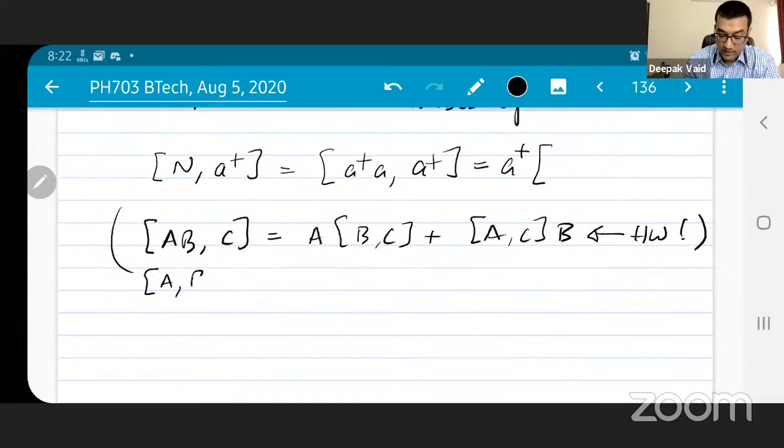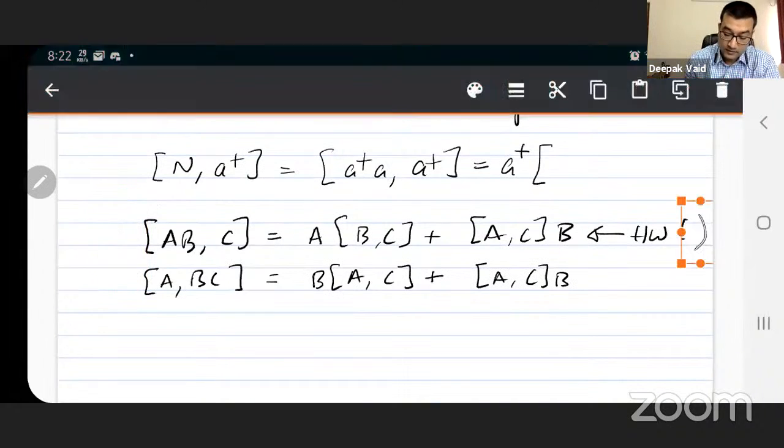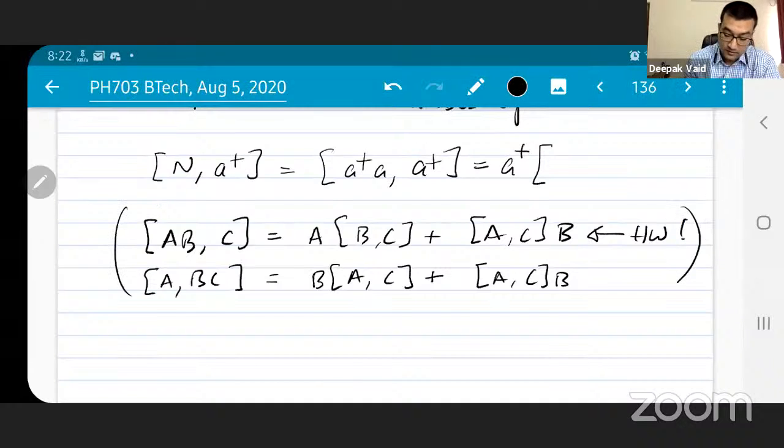The same thing applies whatever the order of your product in the commutator.